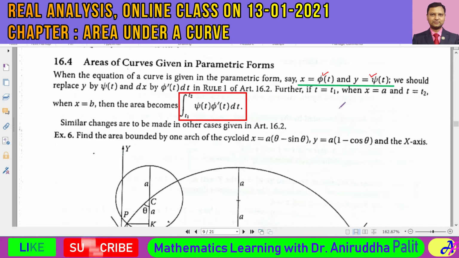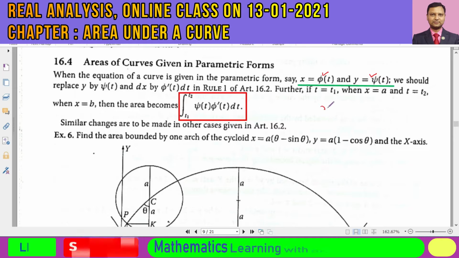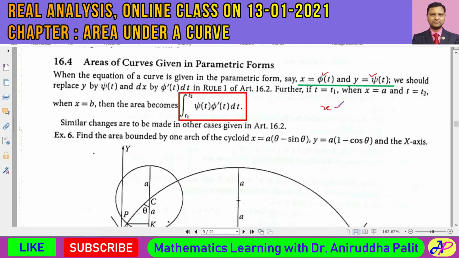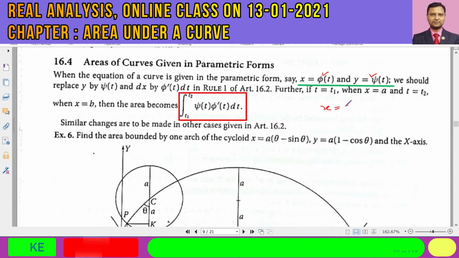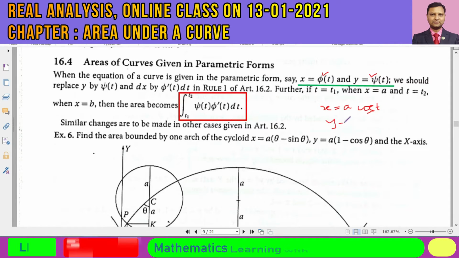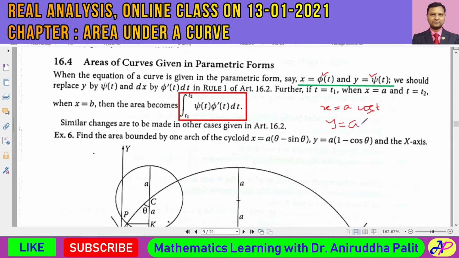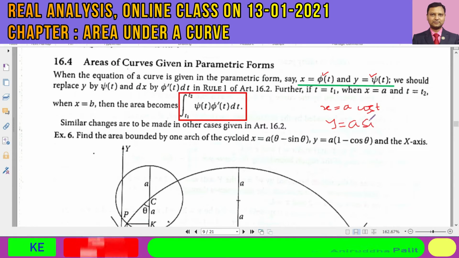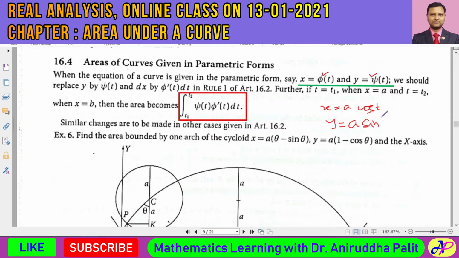For example, if you consider a circle with radius a, the parametric curve of the circle can be written in this way: x is equal to a cos t or theta, and y is equal to a sine theta or sine t.